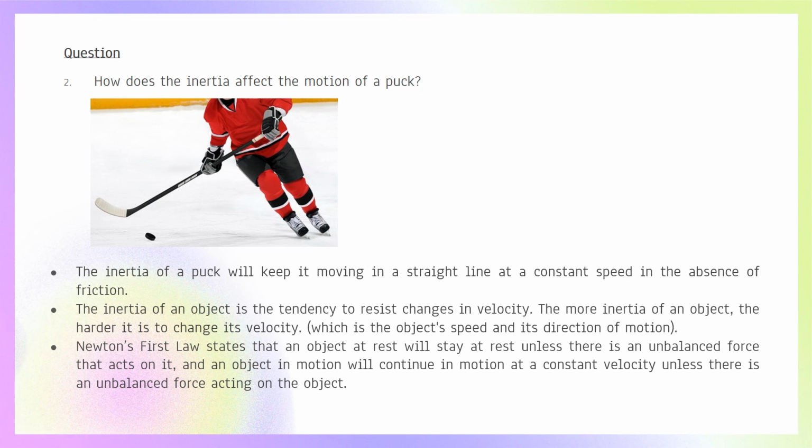Next, Newton's first law states that an object at rest will stay at rest unless there is an unbalanced force acting on it, and an object in motion will continue in motion at a constant velocity unless there is an unbalanced force acting on it.